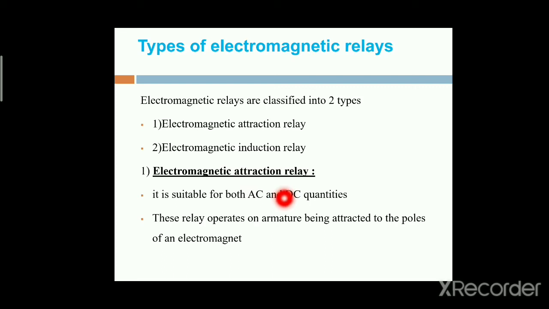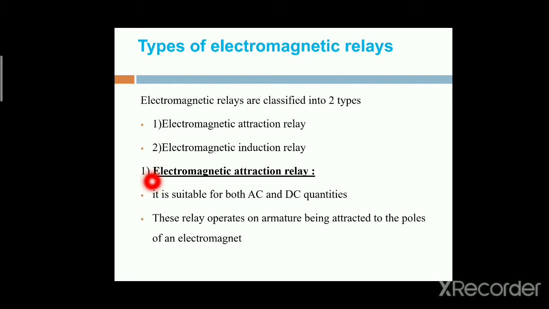A plunger is drawn into a solenoid or an armature is attracted to the poles of an electromagnet. Such relays can be operated by either AC or DC quantities.